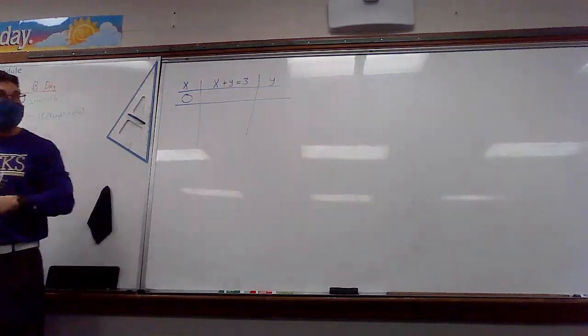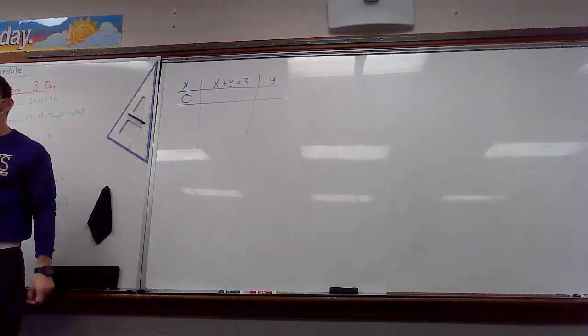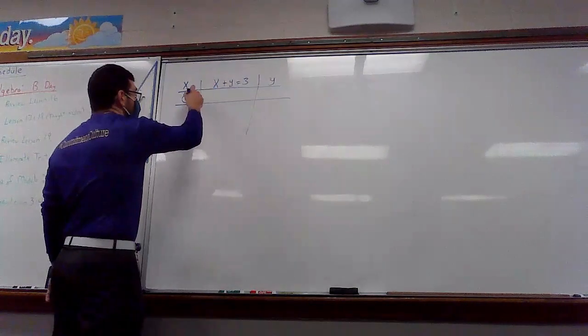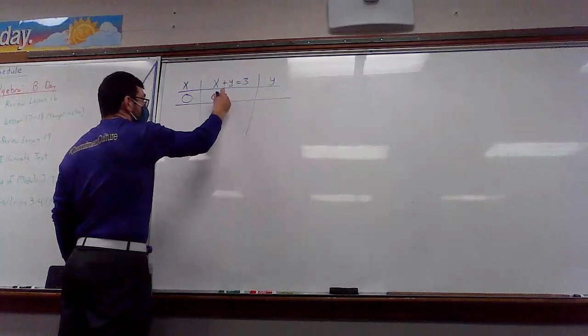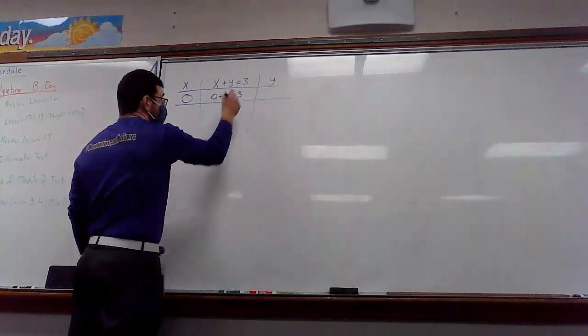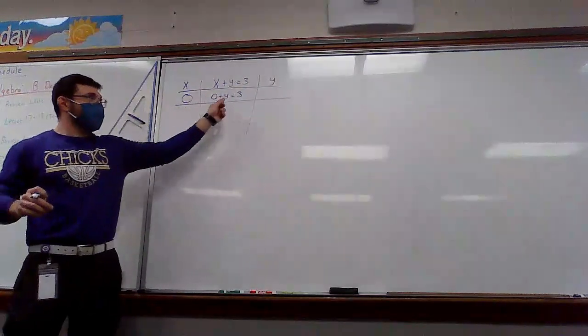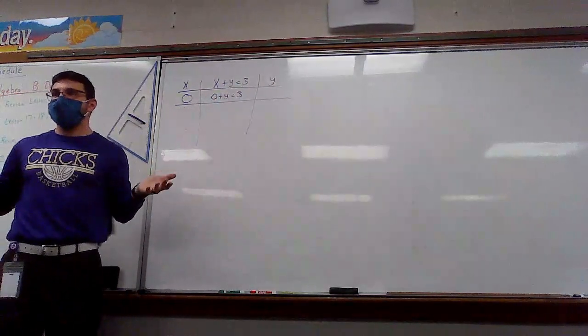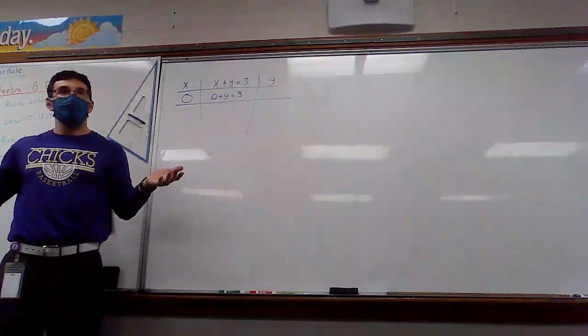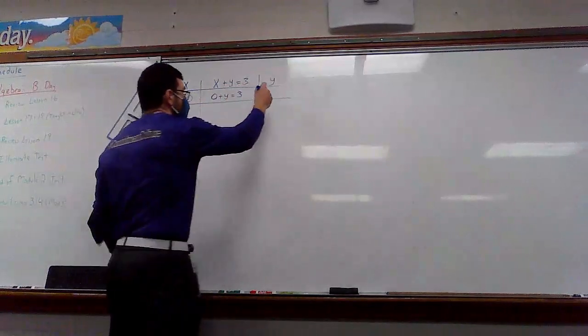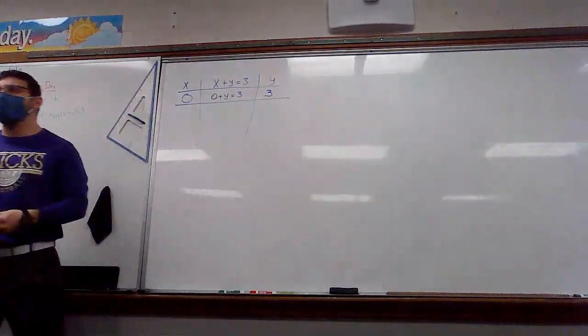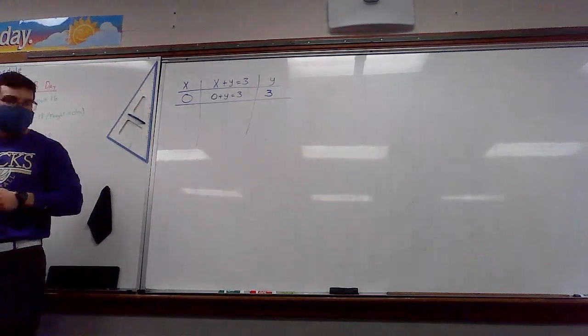So now we're going to substitute in to find y. So x we said was 0, so I put 0 plus y equals 3. So if it's 0 plus something equals 3, what does y have to be? 3. Yeah, it has to be 3. Wonderful. Is that hard?